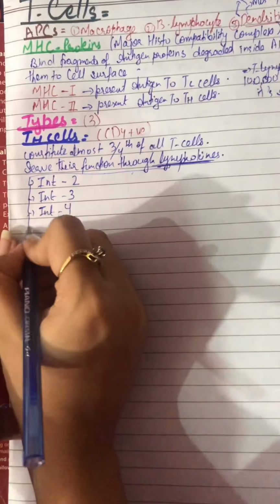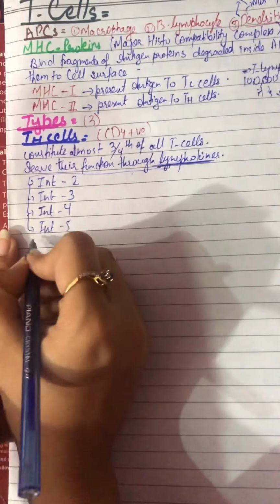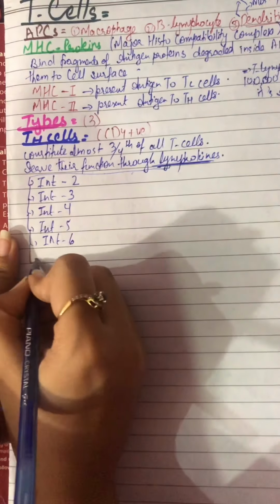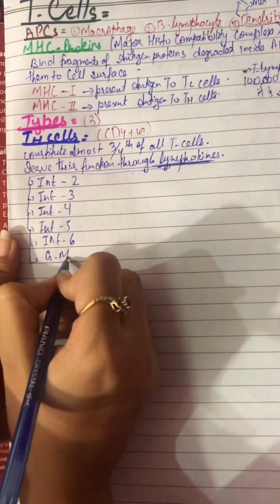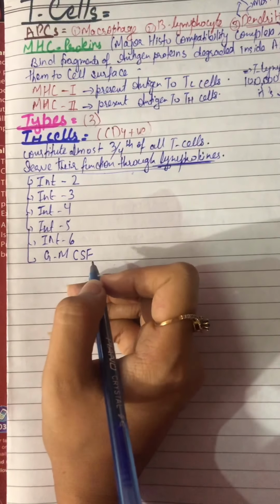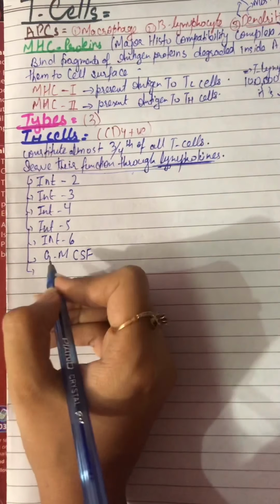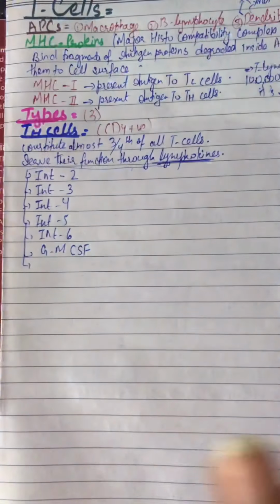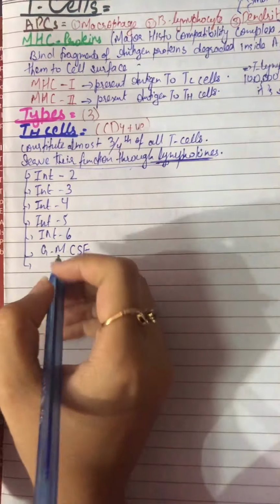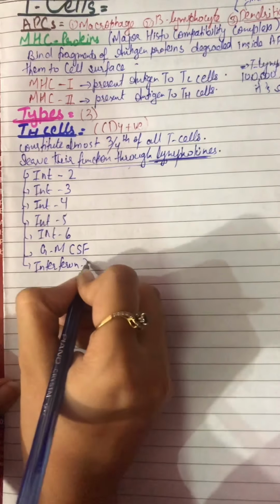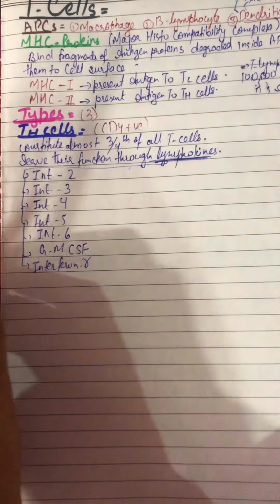Then it is interleukin 4, then interleukin 5, interleukin 6, and then granulocyte monocyte colony stimulating factor. We have studied it in our last chapter. You can check out my video on my YouTube channel. Right? Then interferon gamma. Now let's write their functions.